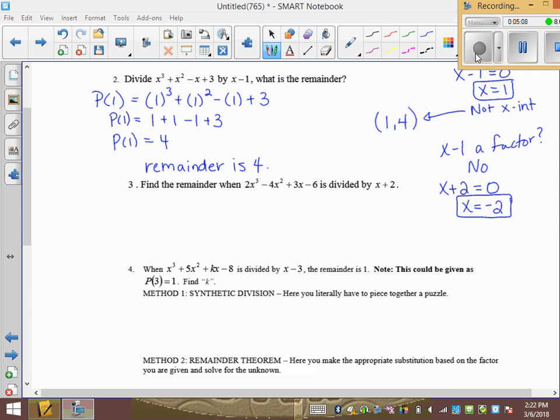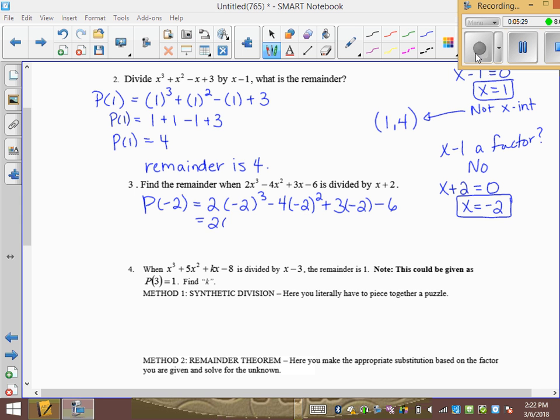So we're actually finding coordinates as well. So we do p of negative 2 equals 2 times negative 2 cubed, minus 4 times negative 2 squared, plus 3 times negative 2, minus 6.